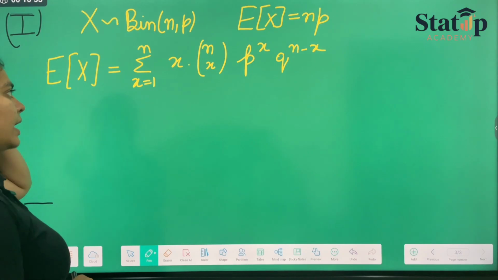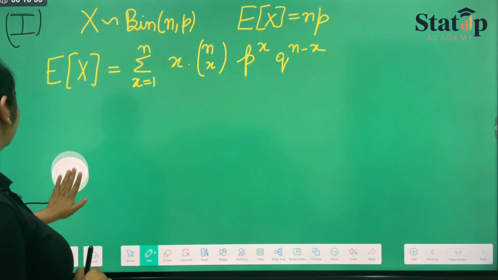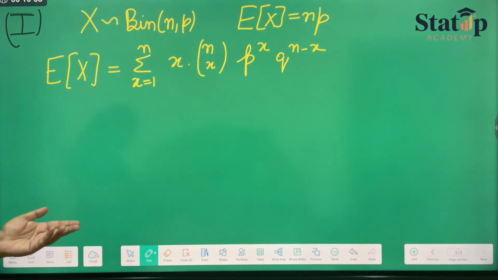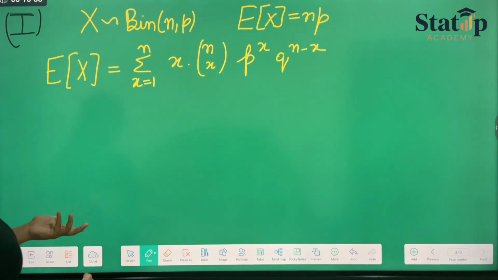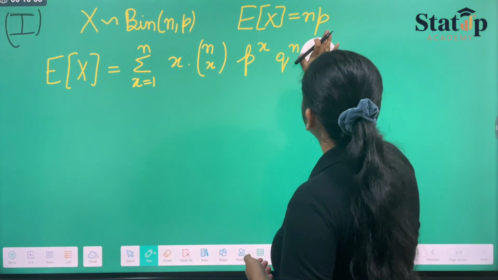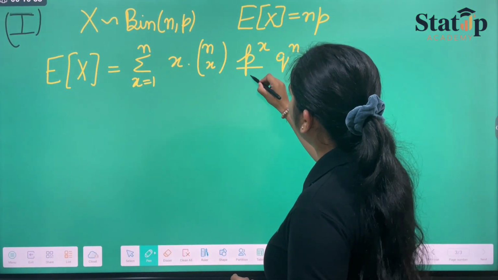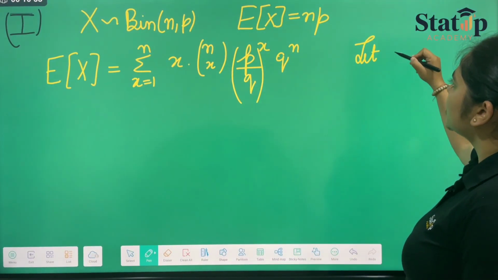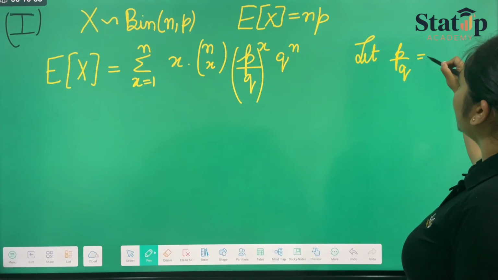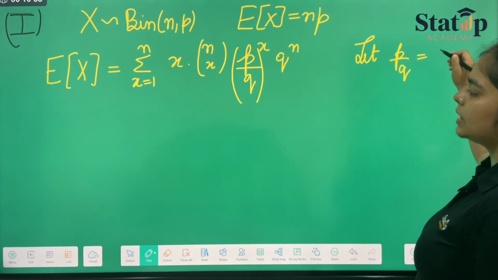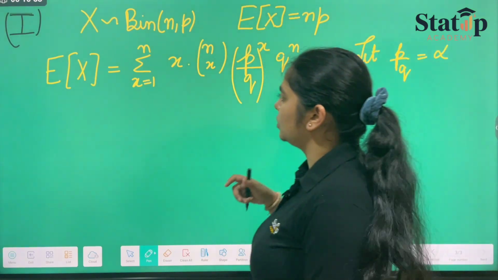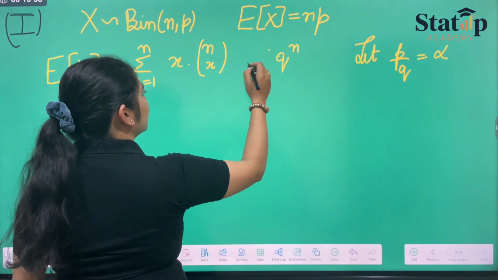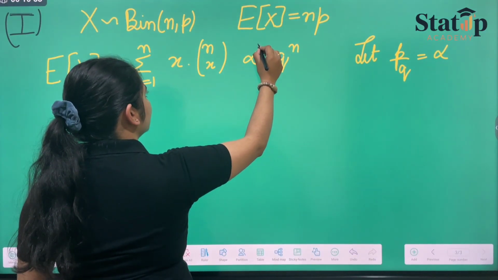Now here we can take the common things outside. Let us take p upon q as equal to alpha. Then we can write this as alpha raised to the power x.